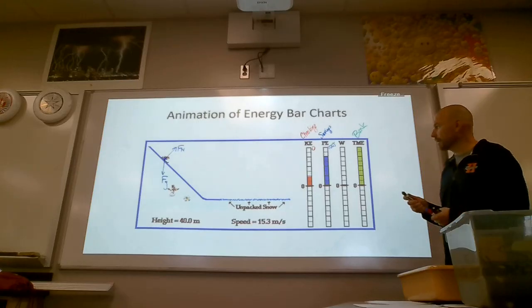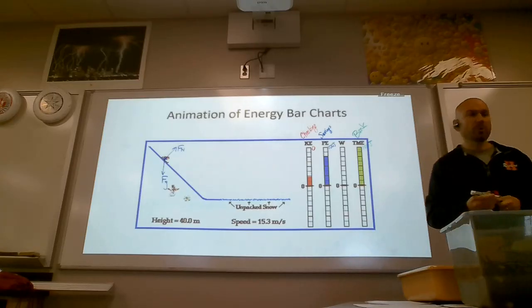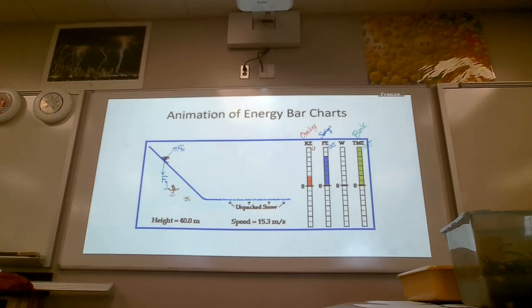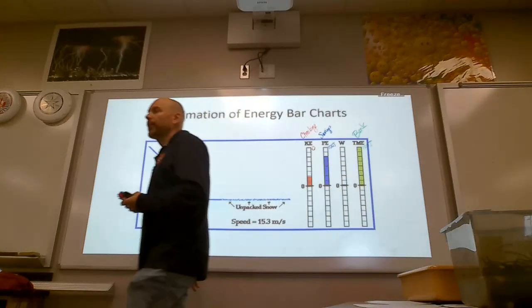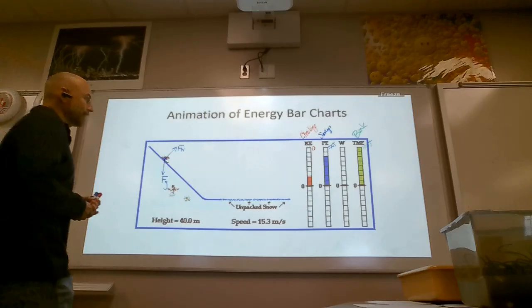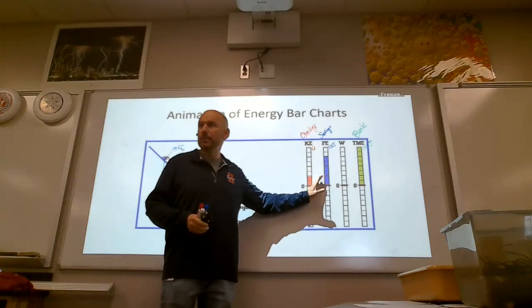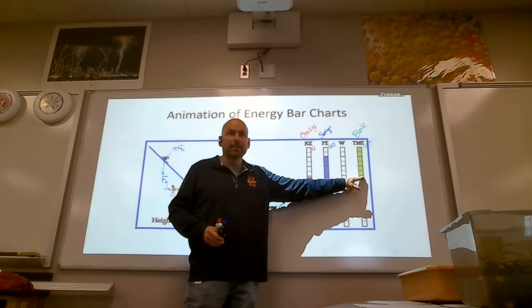In your bank, you would have 100 joules total. Good with that? Now, as you go down the hill, we discern that there's no non-conservative forces doing work. The total mechanical energy stays the same. So you can do internal transfers, but that's not going to change how much money you have in the bank.